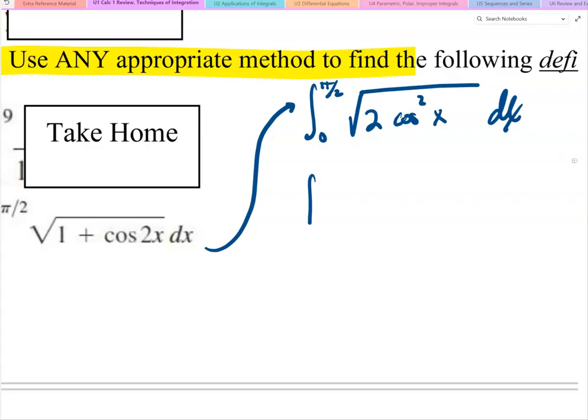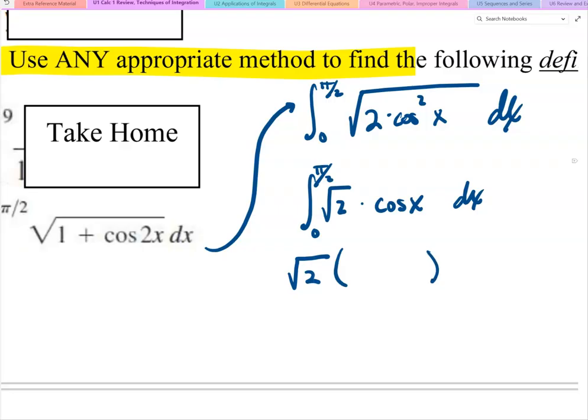And this is particularly nice because the square root of the product of two terms is just 2 of those square roots. So now I have a square root of 2 times cosine x. So the square root of cosine squared is cosine x. And square root of 2 is just a coefficient, so I'll push that out to the front. The antiderivative of cosine is sine.